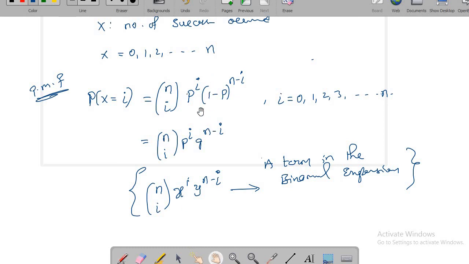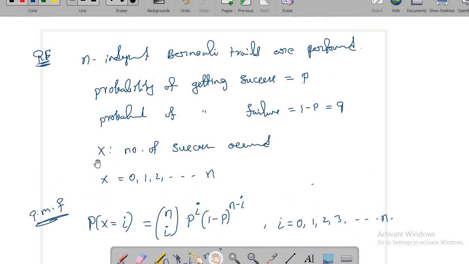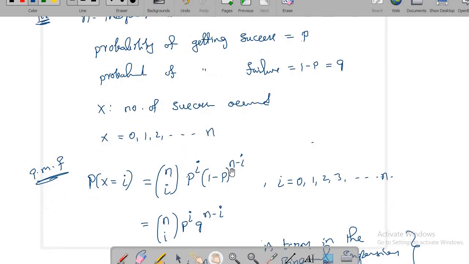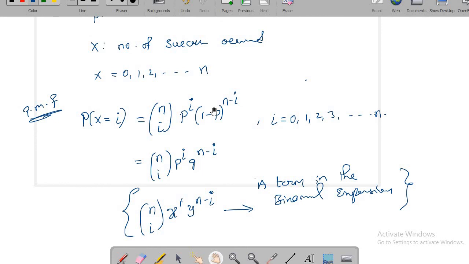Since the probability mass function resembles the binomial expansion, we call this random variable X a binomial random variable. Why? Because its probability mass function has the terms which are there in the binomial expansion. I hope you know what the binomial expansion is.